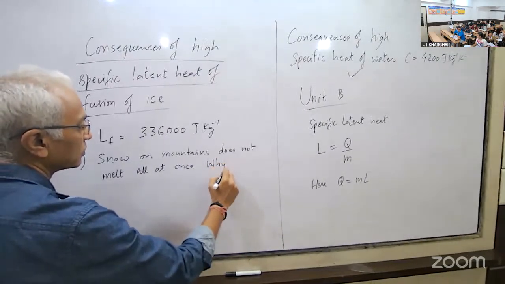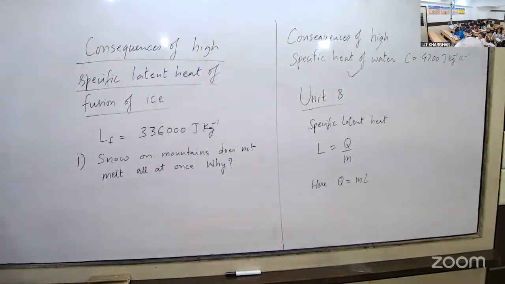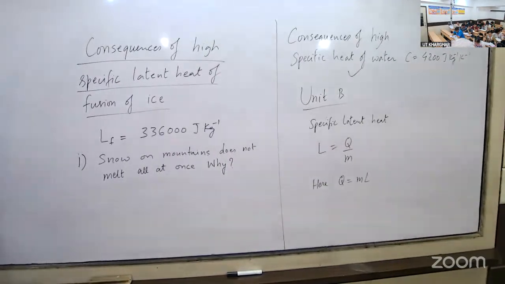Why? What is the answer? Snow on mountains does not melt all at once. Why?